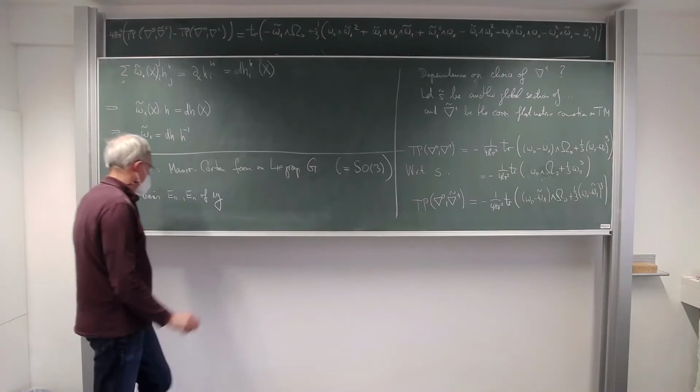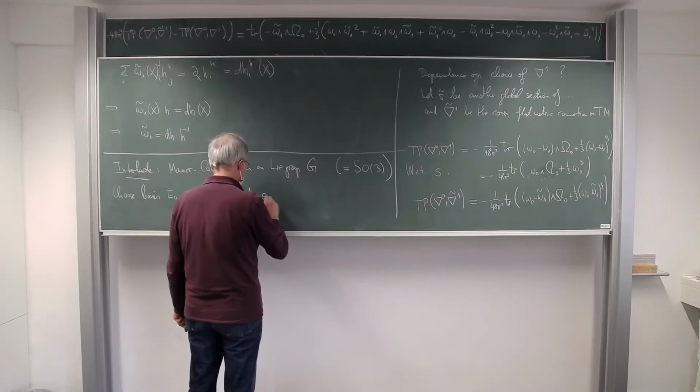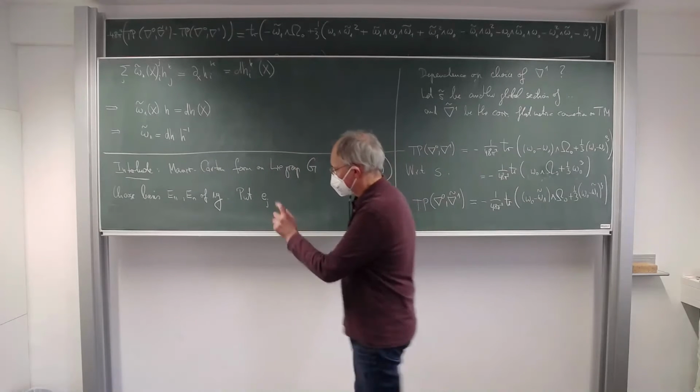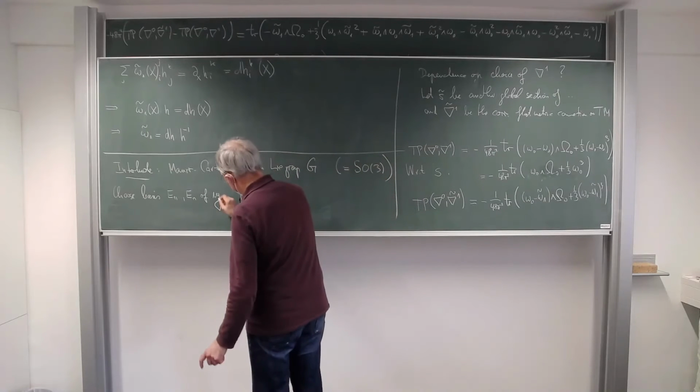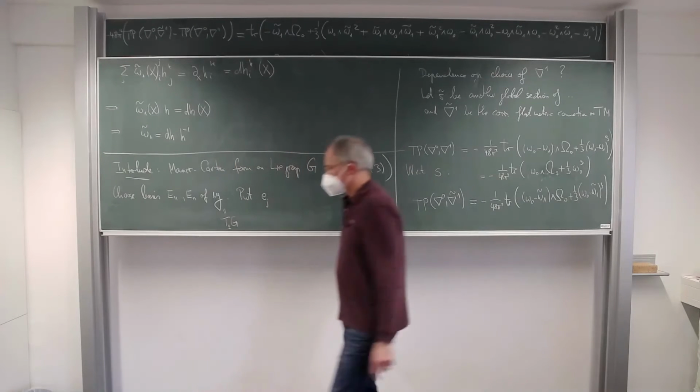Let me do it by right translation. So put, and now the little e's are the right invariant extensions of these vectors in the Lie algebra. Here I consider the Lie algebra as the tangent space to the Lie group at the unit element.